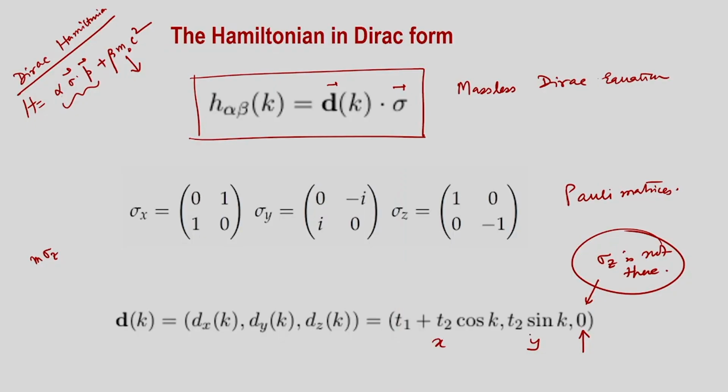In this particular case, we will take this d vector and vary k over the Brillouin zone, which means we change k from minus pi to plus pi, and look at the 0 0 point when k equal to 0. So at k equal to 0 it becomes t1 plus t2 and 0 0.